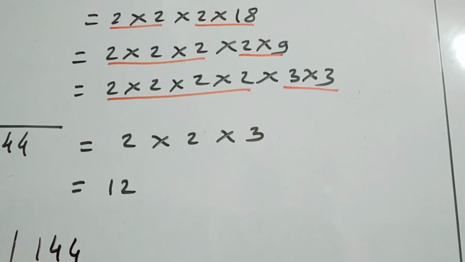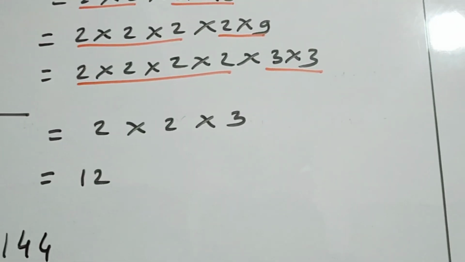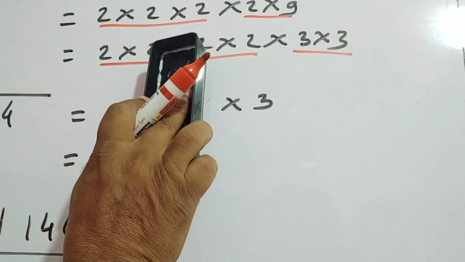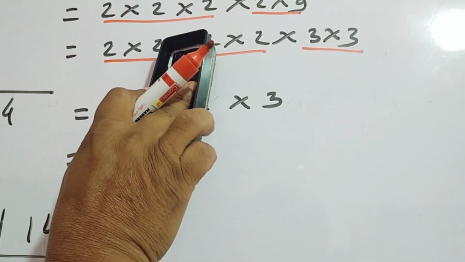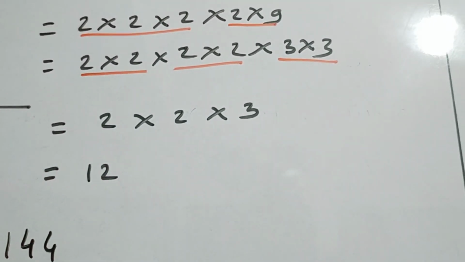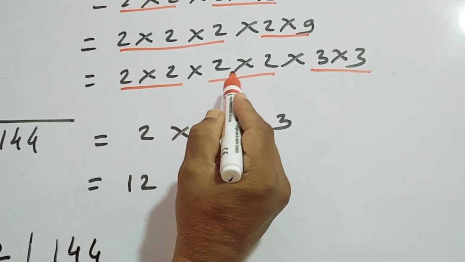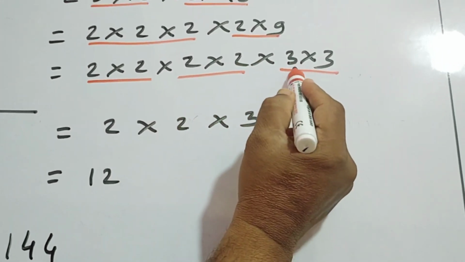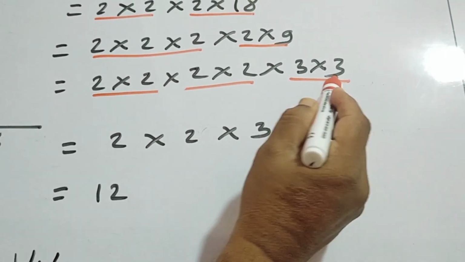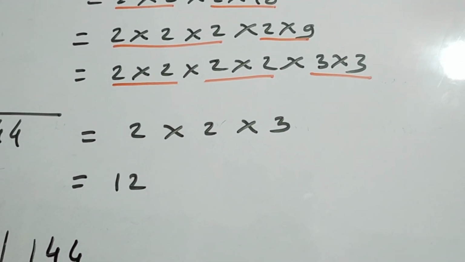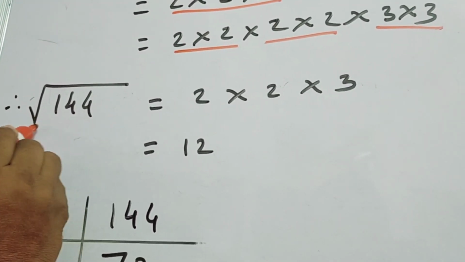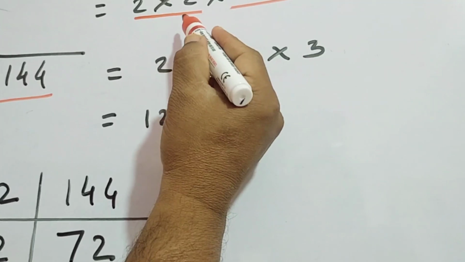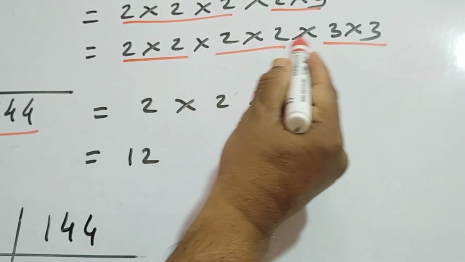Then make the pairs of 2 same factors. Now here first pair is of 2 into 2, second pair 2 into 2, third pair 3 into 3, pairs of same factors. Then write therefore square root of 144 is equal to, take one number from each pair.